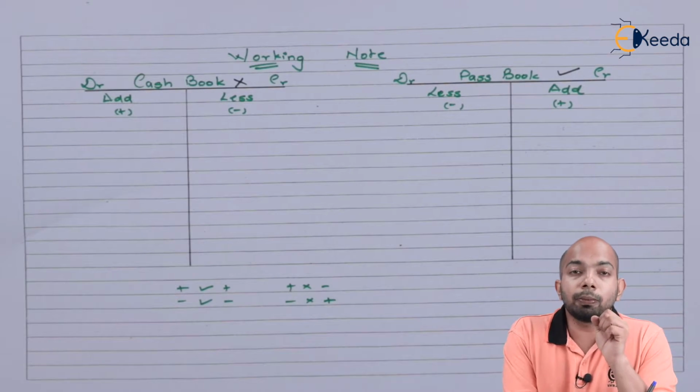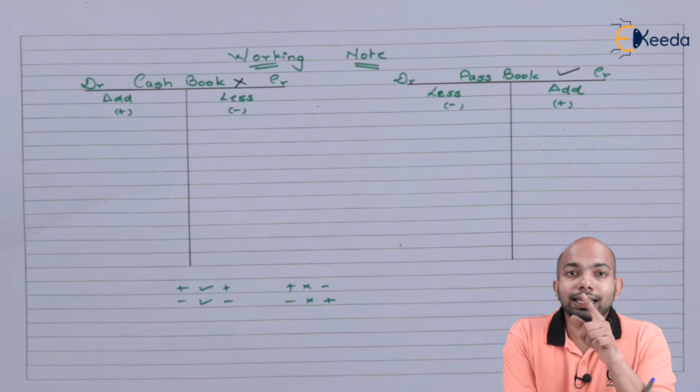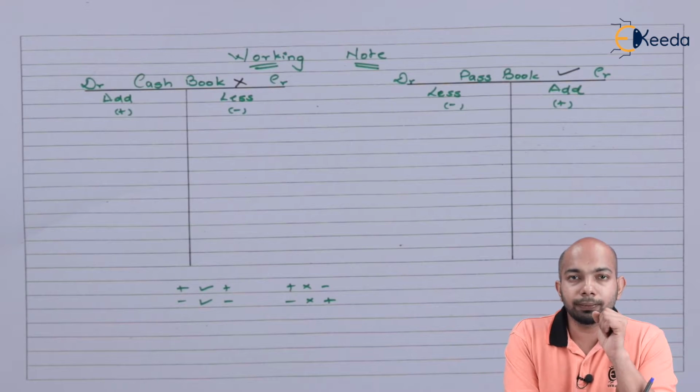However, in favorable balance, the criteria you have to take into consideration is the second book. That means whenever a deposit is made, the cash book has already been updated. Let's go into the passbook, where you have to add it. This is a correct book. That means you have to add this amount. So this amount will be added into the passbook.